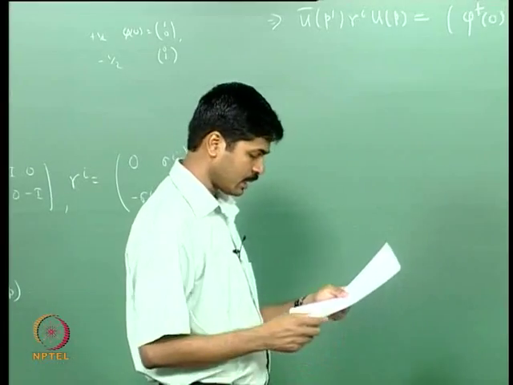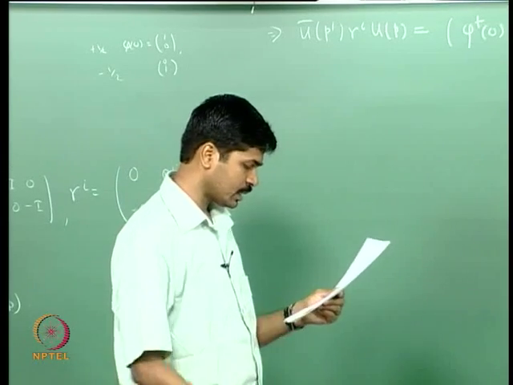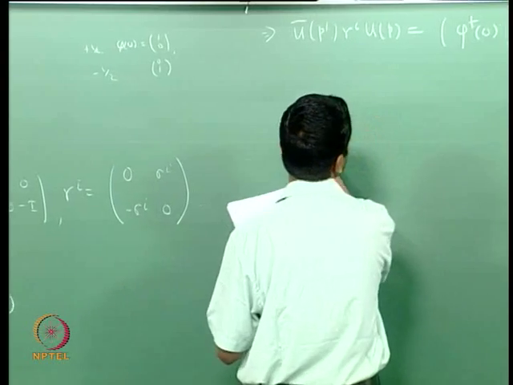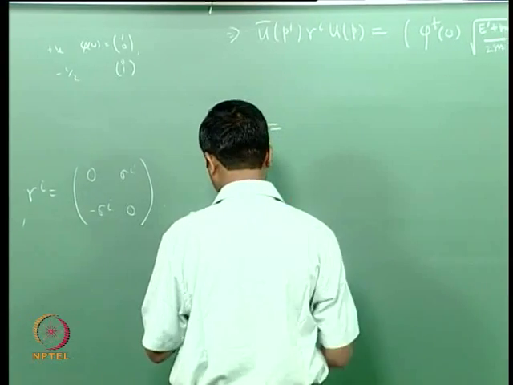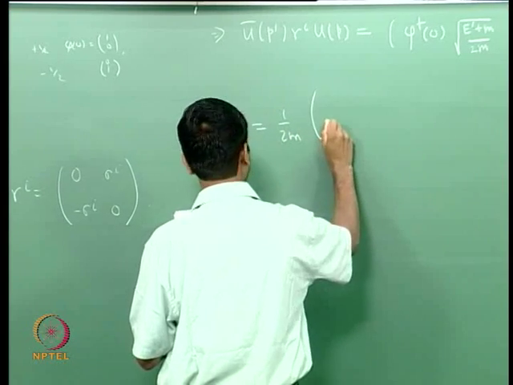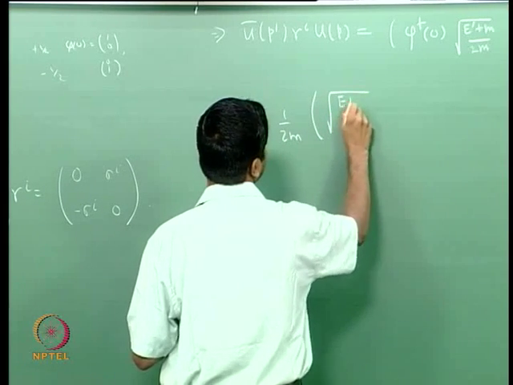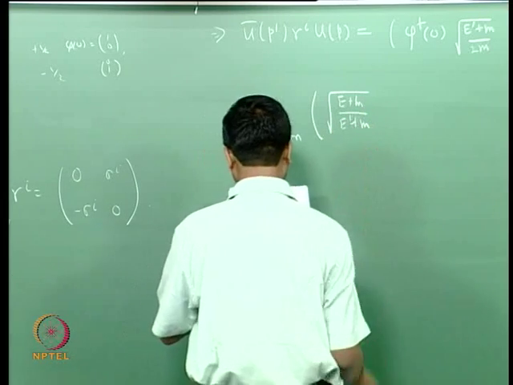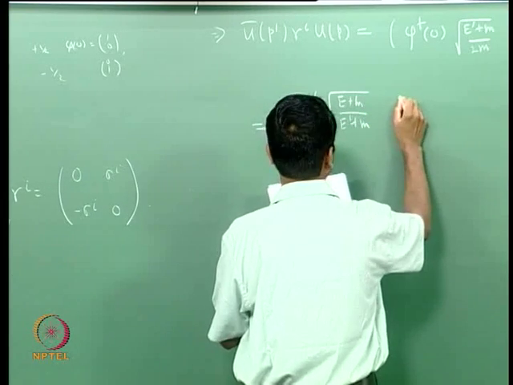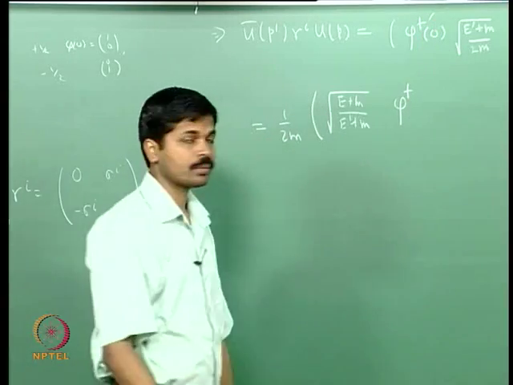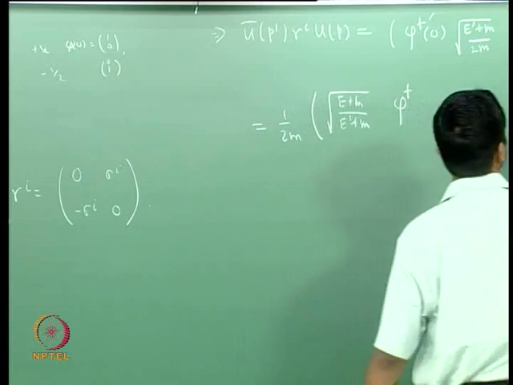Now, I can straight away multiply this, and what I get as a result is 1/2m times √((E + m)/(E′ + m)) φ′†(0) (σ·p′) σ^i φ(0), where I will use a prime for the first one.